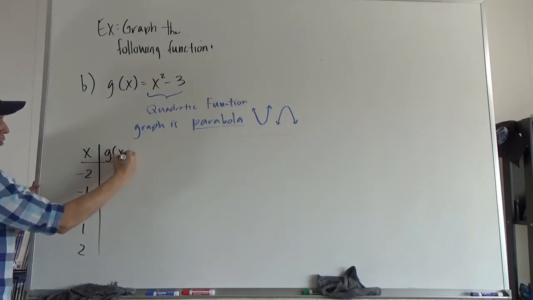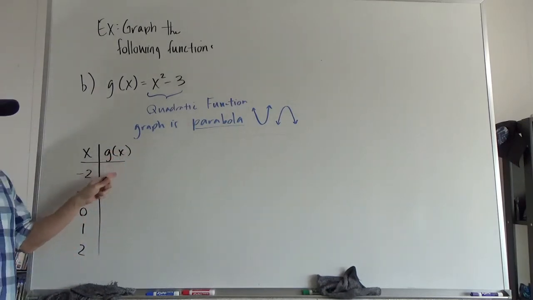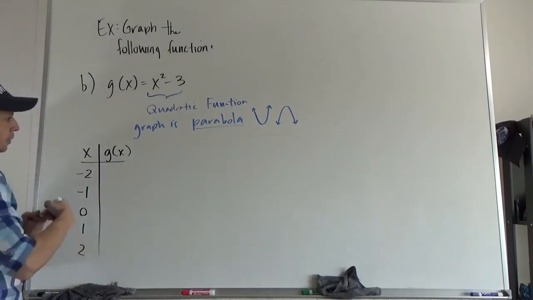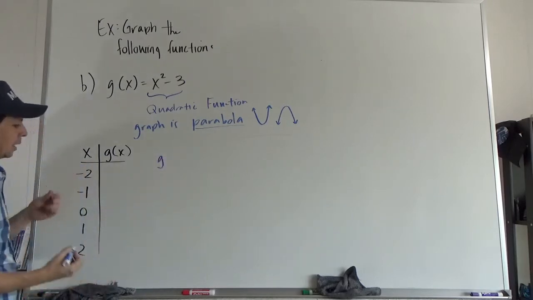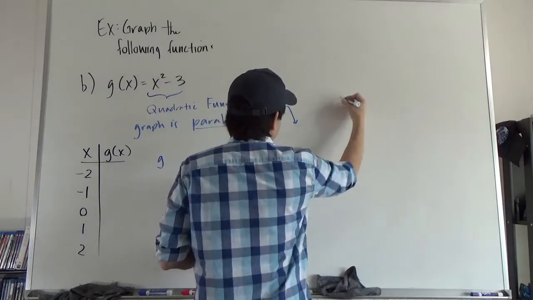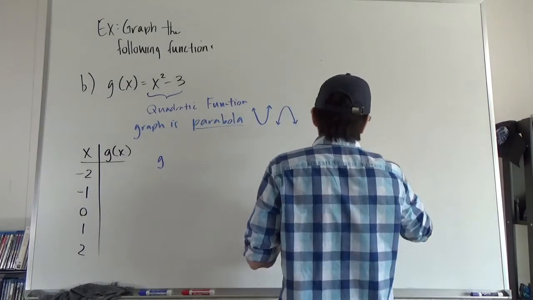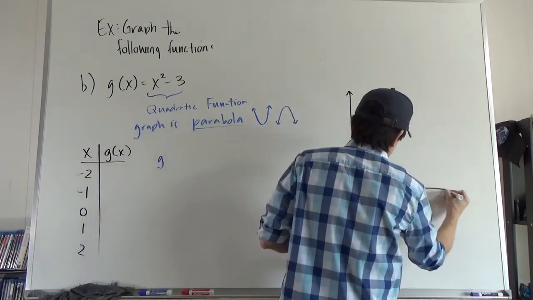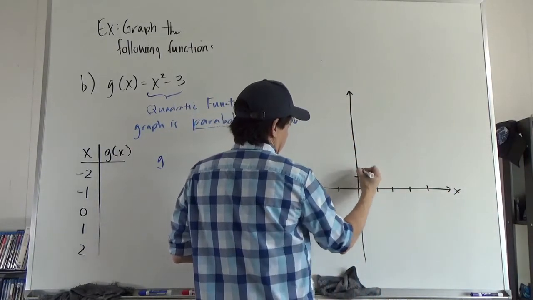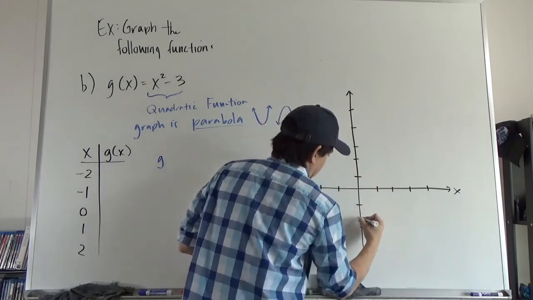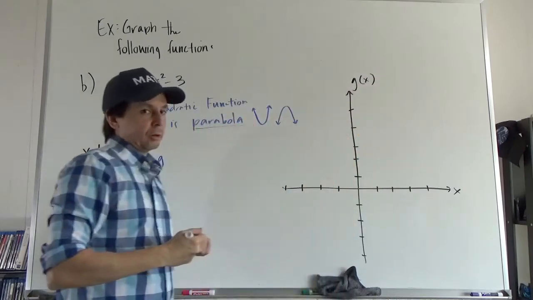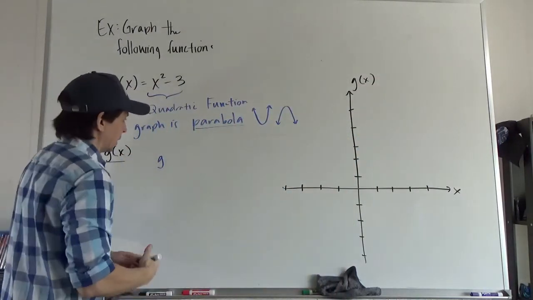This time it's g of x instead of f of x, but these are going to be like y values, and you are going to get them by plugging in, and I'll spend a little more time doing this one. Okay, so I'm taking the same values. X is your horizontal, g of x, the function value, is your vertical axis, and I gotta just get some points.